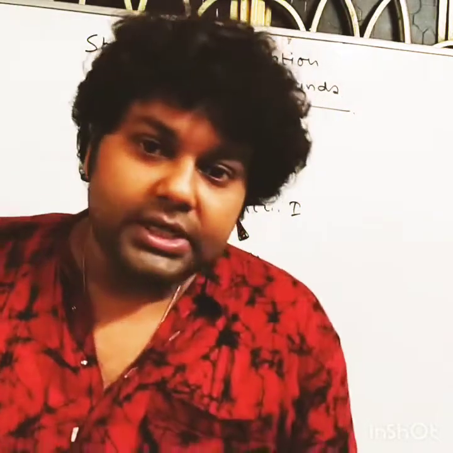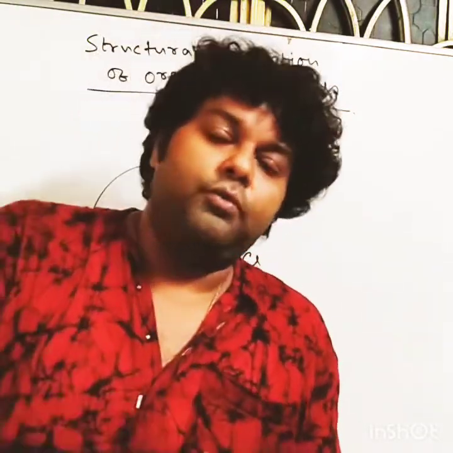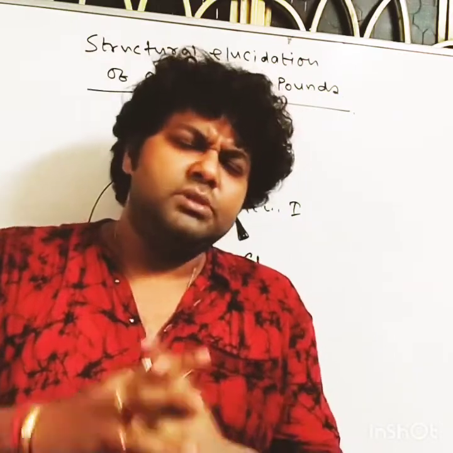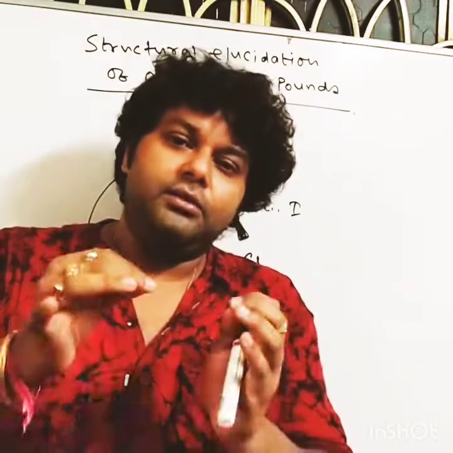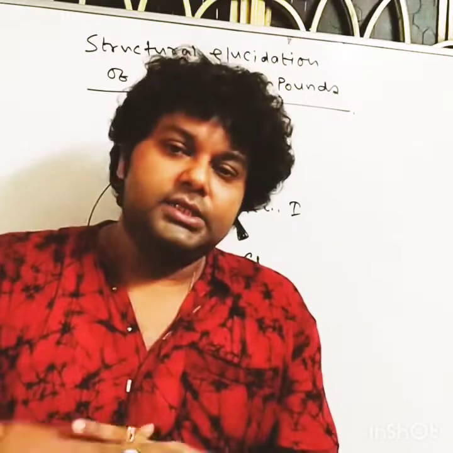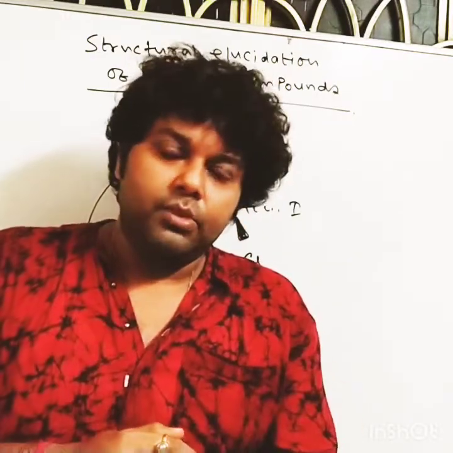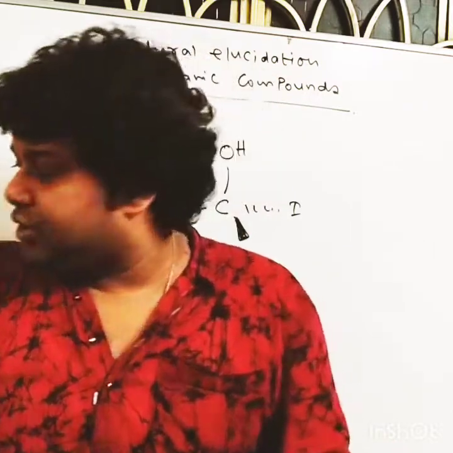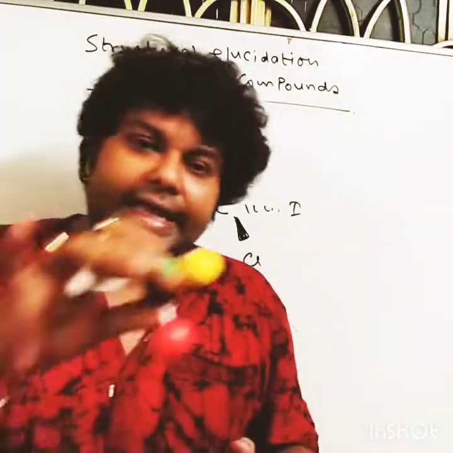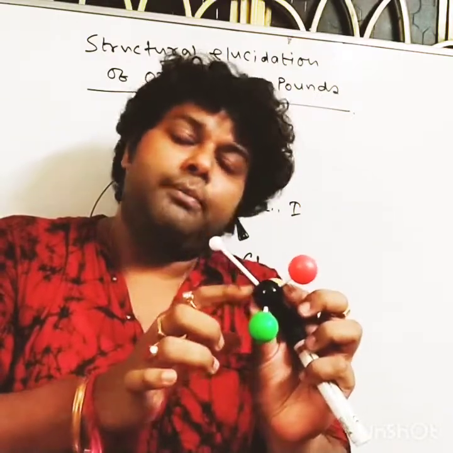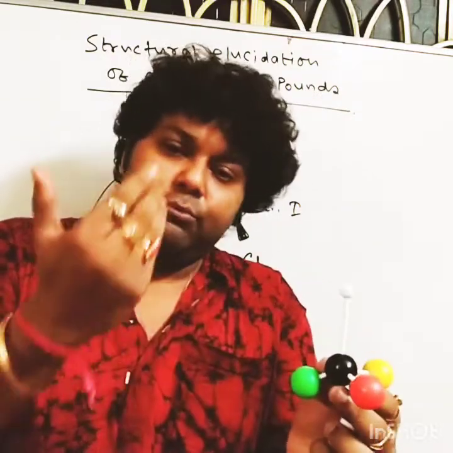So what I have so far discussed is basically the very fundamental structural elucidation and structural representation, where we had a three-dimensional structure like this, which is having only one chiral center, but it can have more than one carbon.